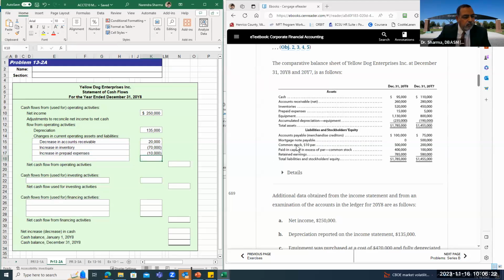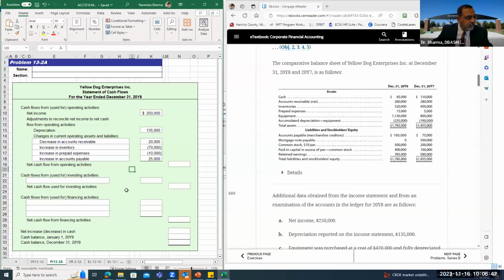We have finished the current assets. Now let's move on to the current liability, accounts payable. It has increased, so we'll say increase in accounts payable. An increase in accounts payable is a positive amount, so that would be 25,000.